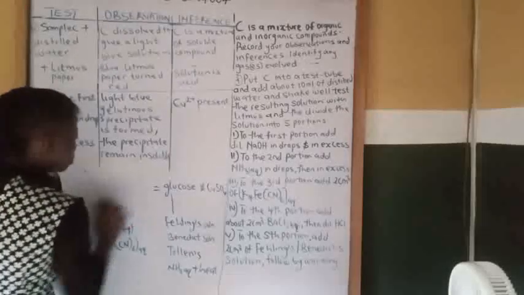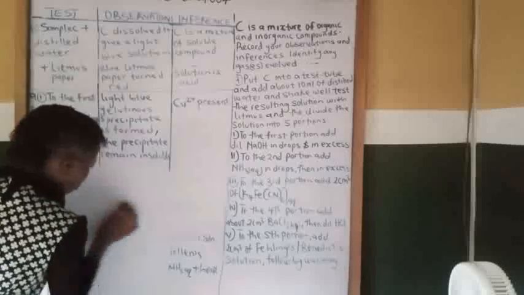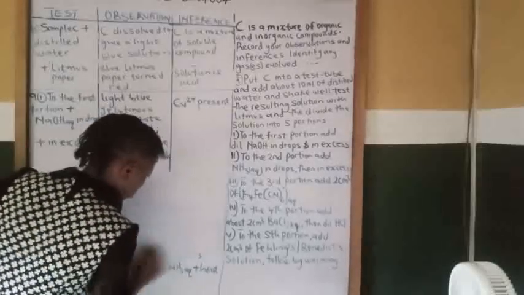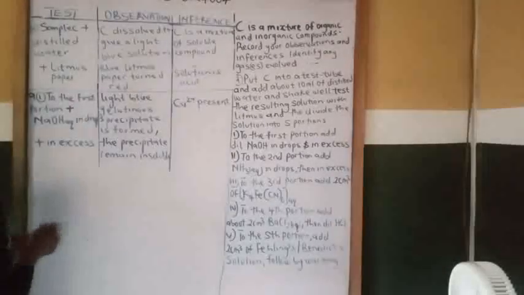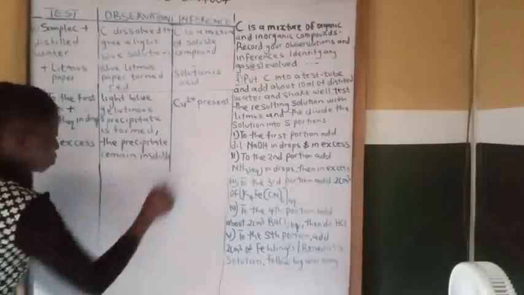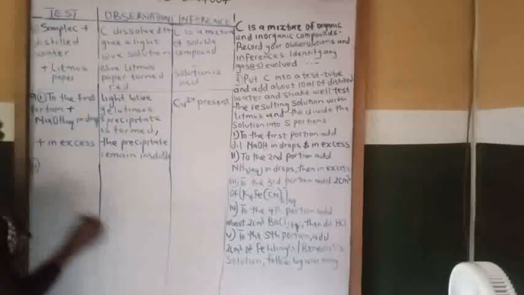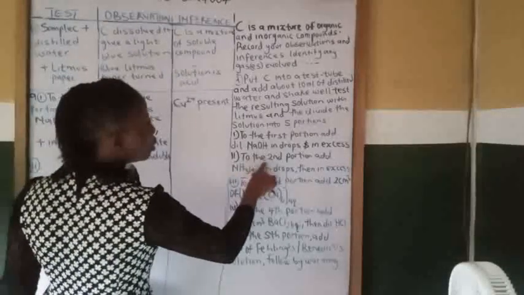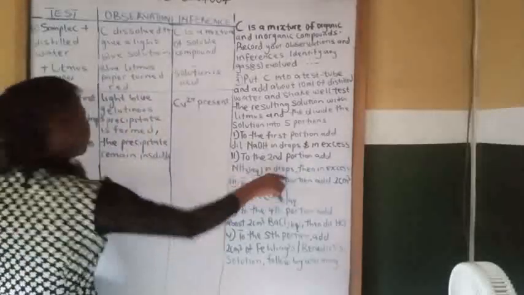Then let's move to Roman figure 2. Roman figure 2 says that to the second portion, add aqueous ammonia in drops.